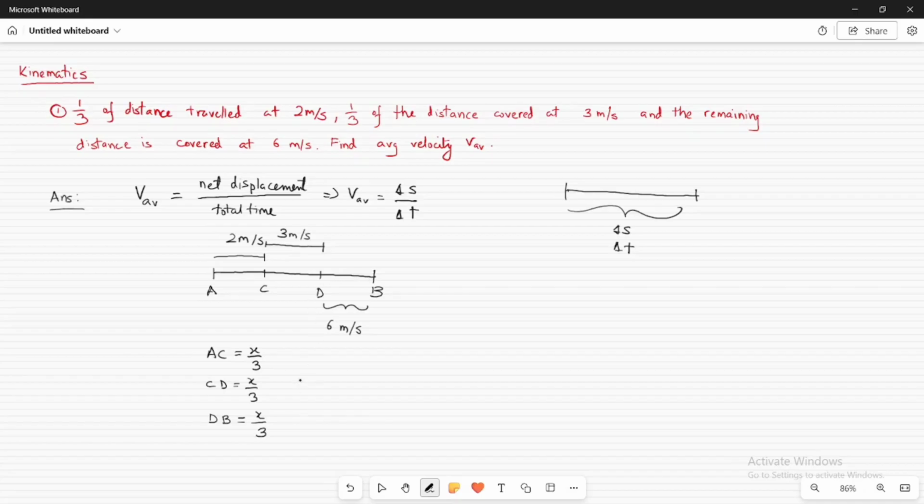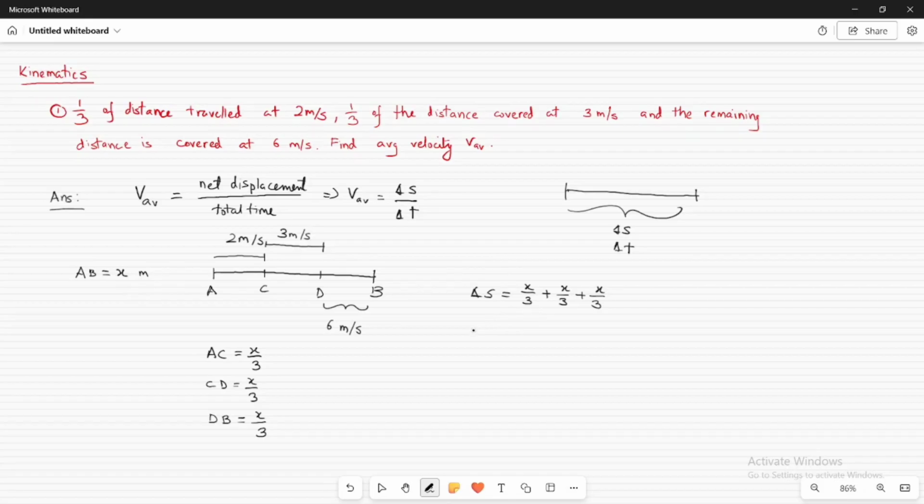So, del S is equal to x by 3 plus x by 3 plus x by 3. This is keeping in mind that AB is x meters. So this is the total displacement.